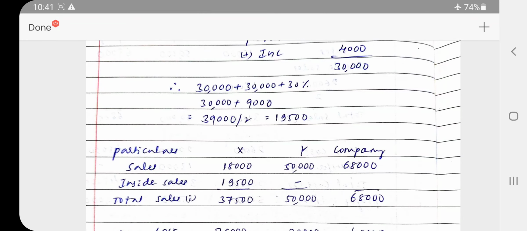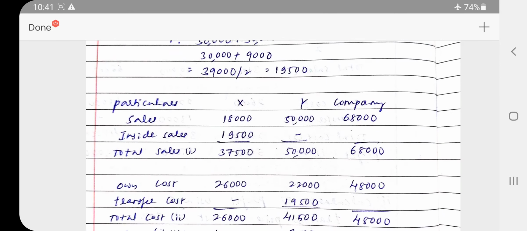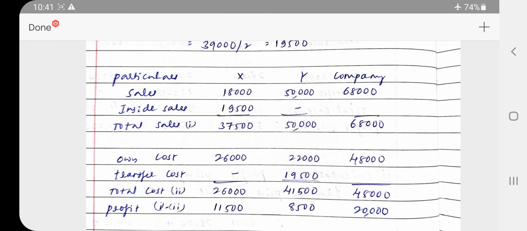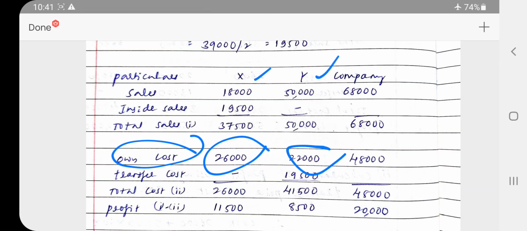X can sell half to the open market, so that's why 19,500, total sales you will get 37,500 for X, 50,000 for Y, and next for the company 68,000. Same way, the own cost as given in the problem: 26,000 for X division, 22,000 for Y and 48,000 for the company.